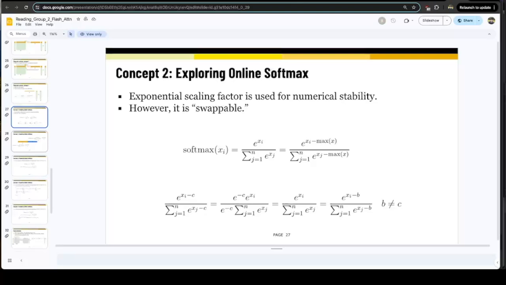So therefore you deal with a lot of these issues. But another thing that's important to note is max of x is chosen for stability reasons, as in this is a value you can always pick that will show that this will never overflow. But it's not actually special. You could pick C, you could pick B, you could pick 42, and you can swap them in and out by the fact that you can factor them out and then add a new one in.